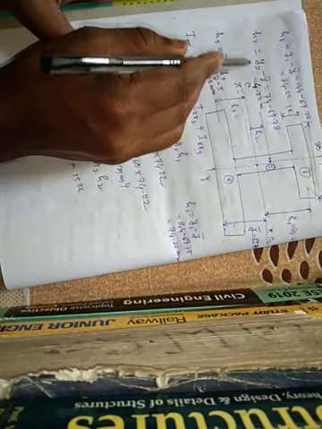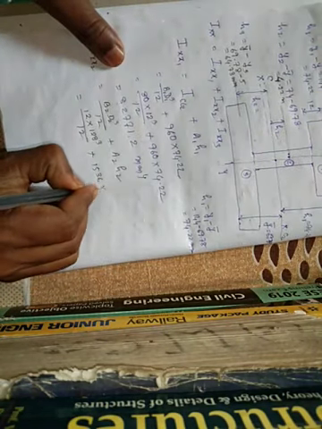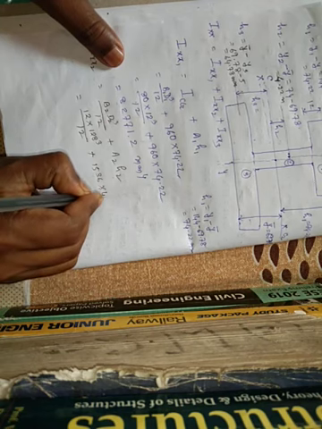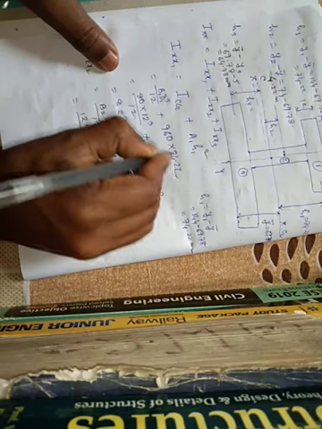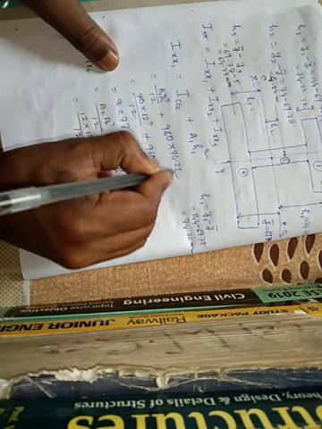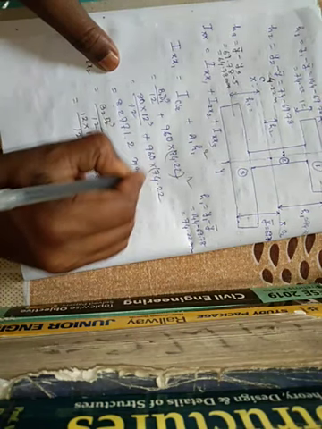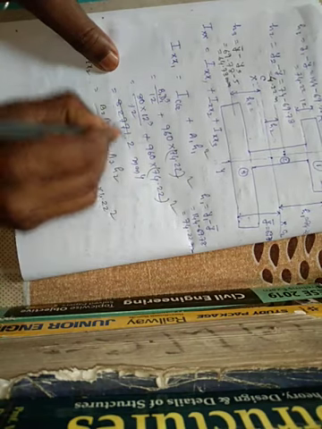What is h2 square? h2 is equal to 74.22, so 74.22 square.